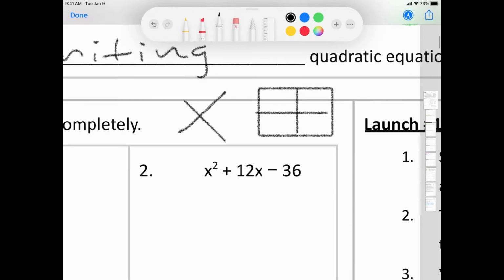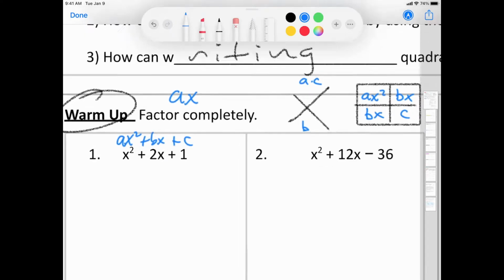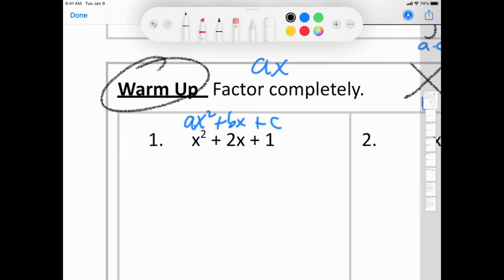Just a quick reminder that it's A times C, your B value goes there, and when you have your trinomial, you'll put it into the box and you'll factor to the outside. So this again is from standard form. In this problem, A is 1, B is 2, and C is 1.